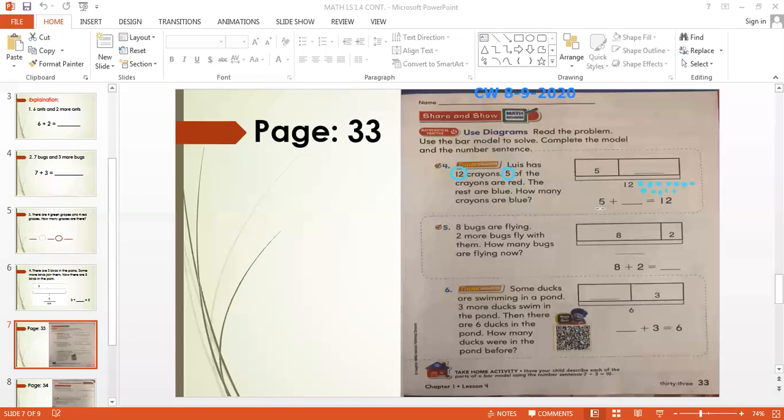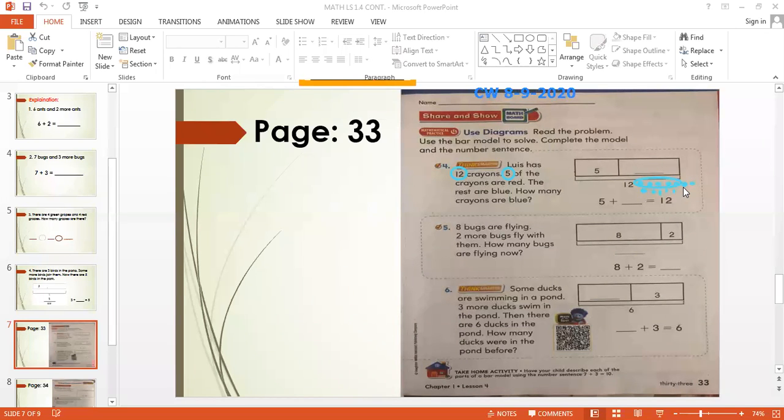So now how much do they say here? He has red color, 5. So let's make the circle for only 5. 1, 2, 3, 4, 5. So I made the circle for 5. Now how many are the remaining?